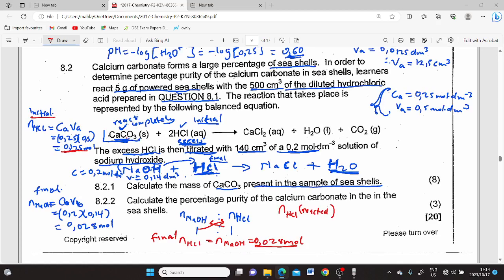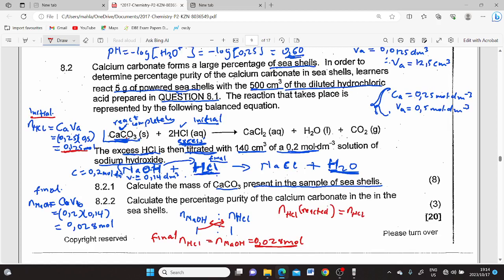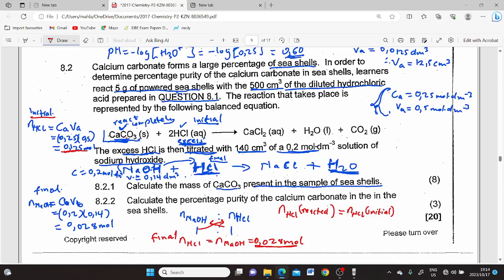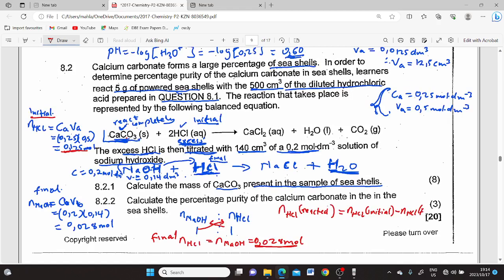It means we take the initial number of moles of HCl minus the final number of moles of HCl.